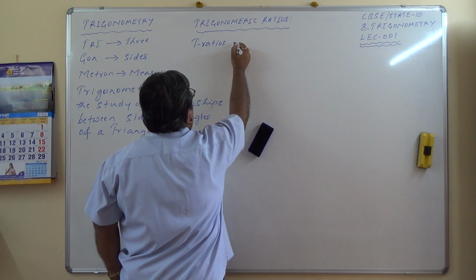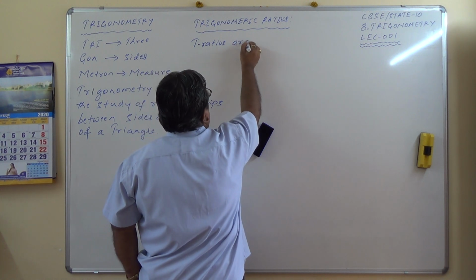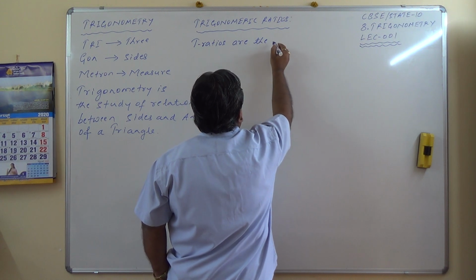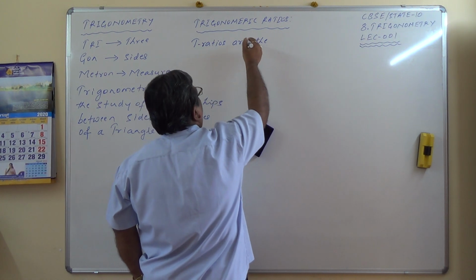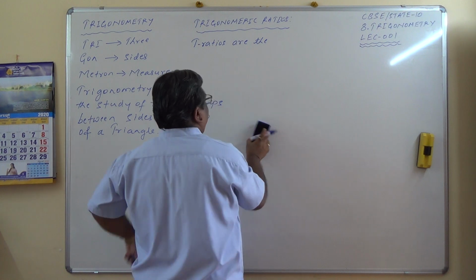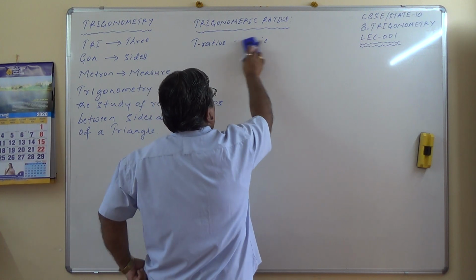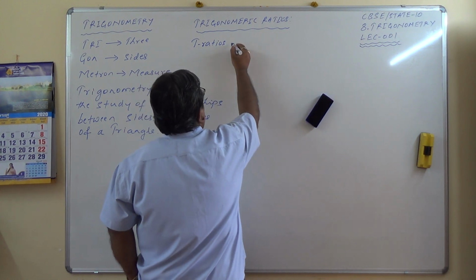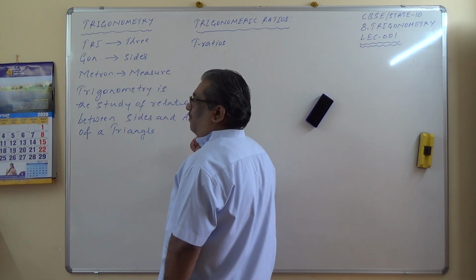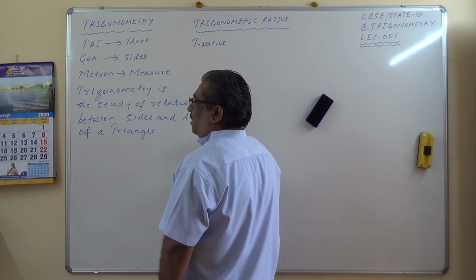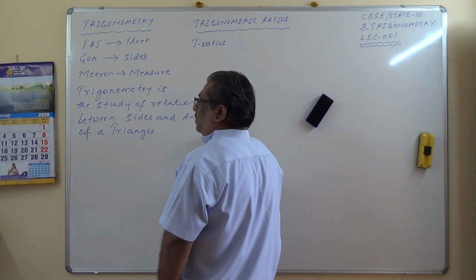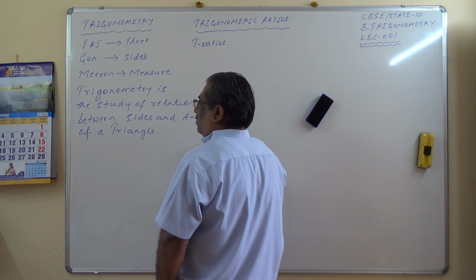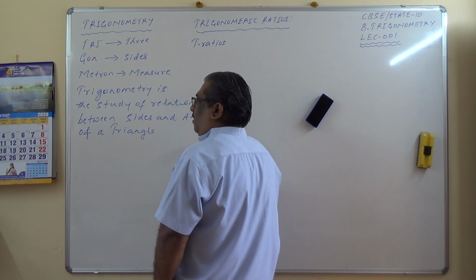I'll write T ratios of the angle, that is preferable, because T ratios refer to a particular fixed acute angle in a right triangle. It is defined as: ratios of sides of a right triangle with respect to its acute angles are called trigonometric ratios of the angle.